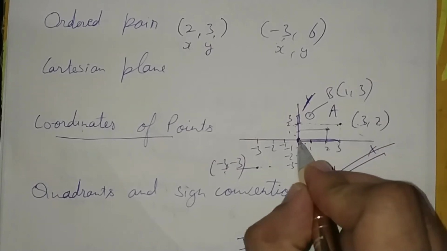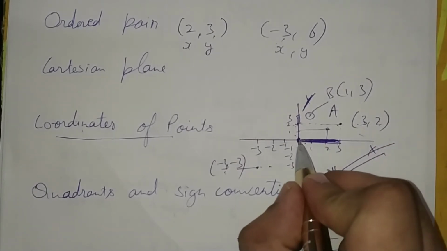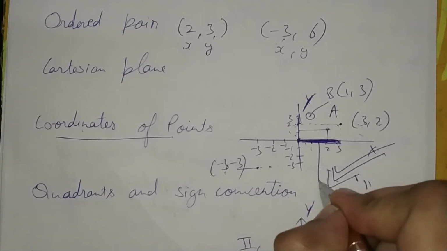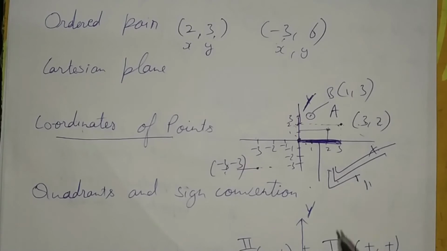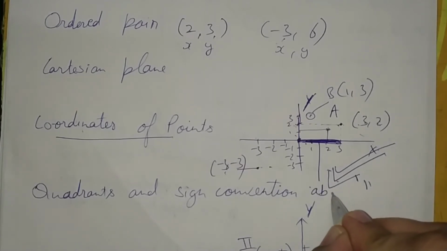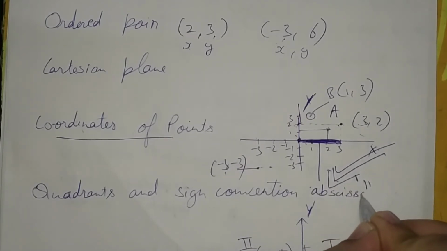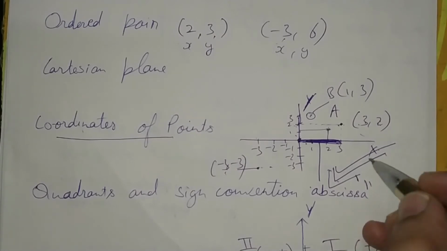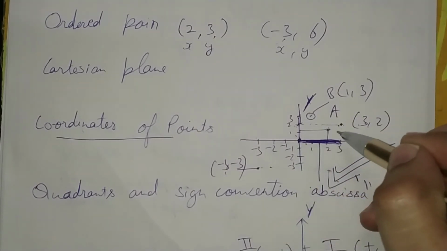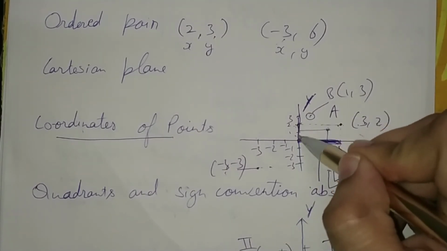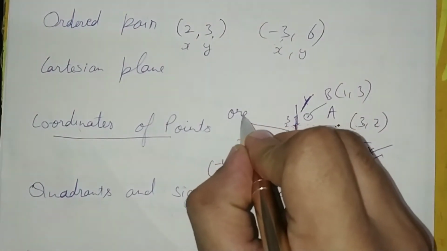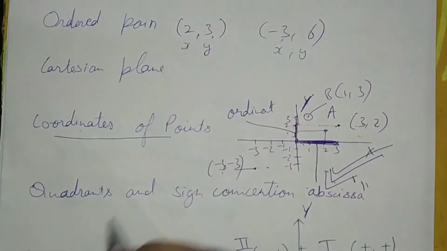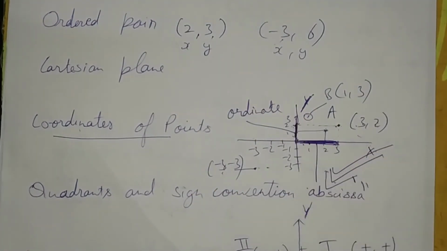This length starting from the origin to 3 is known as the abscissa, and corresponding to the y-axis, this length is known as the ordinate.